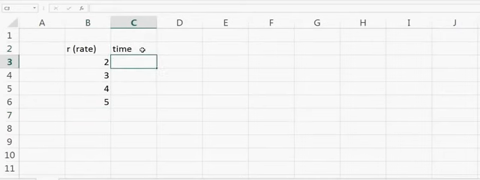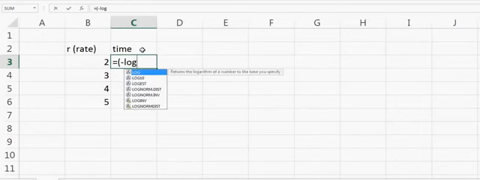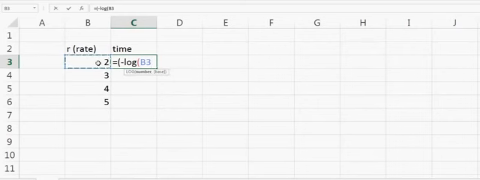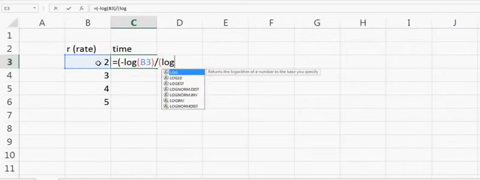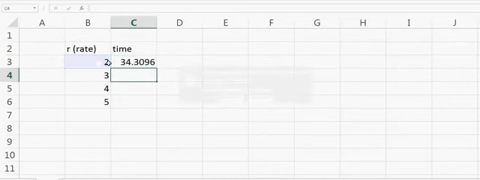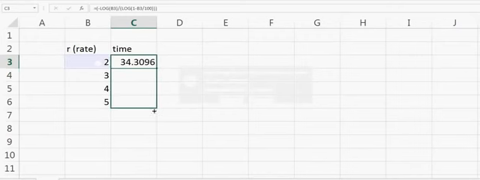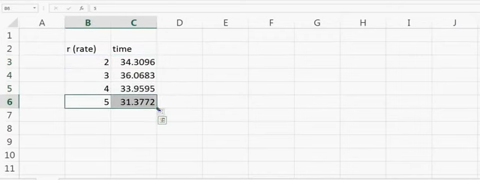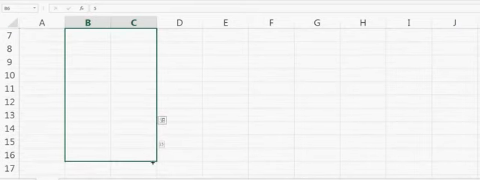So time for your money to become half will be equal to minus log of 2 divided by log of 1 minus R. So I'm dividing the rate by 100 because it's in percentage, and that's your time. So we can do the same thing, you can keep copying this formula until 15.